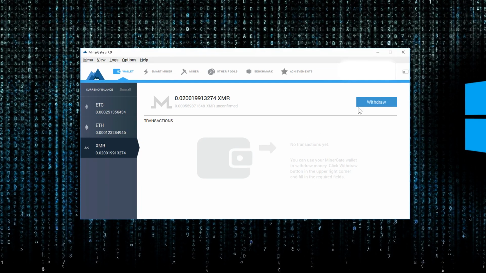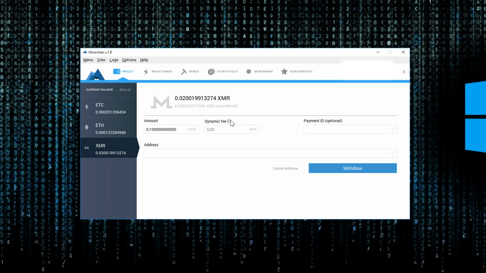There are certain thresholds that you need before you can send something. So for instance, for Monero XMR, you need 0.1 to send. If you have less, you can't send it.